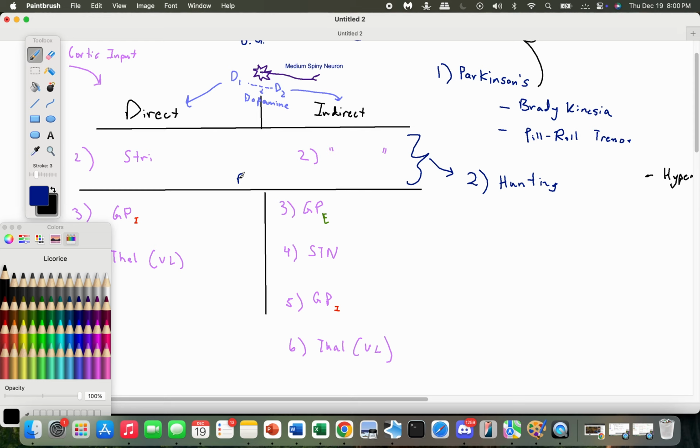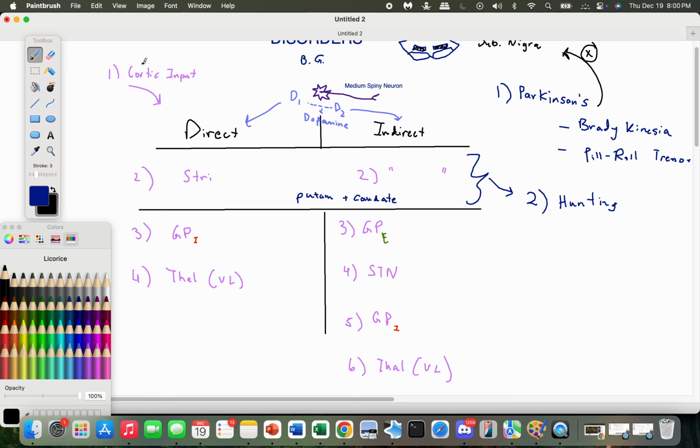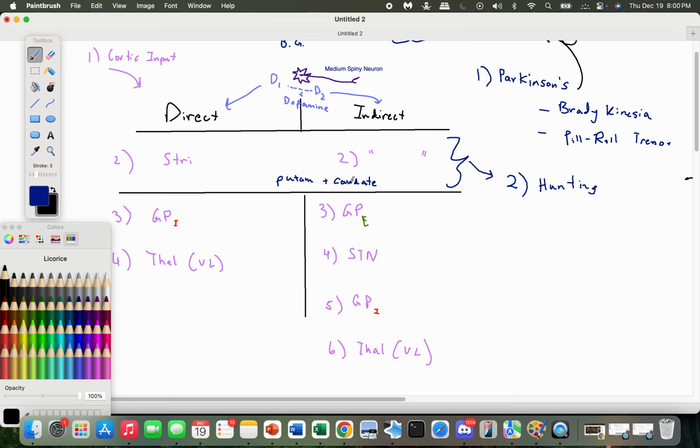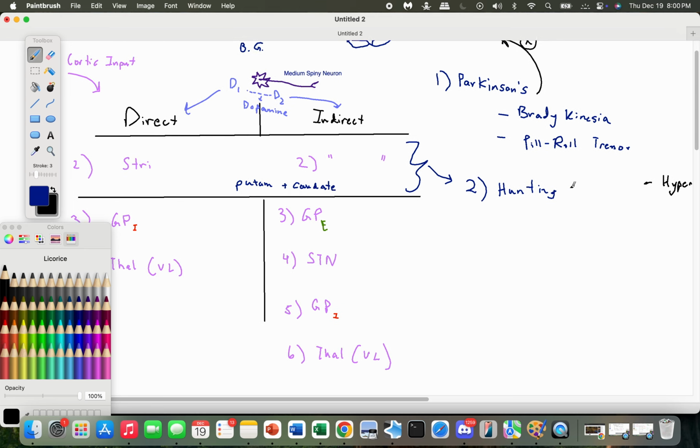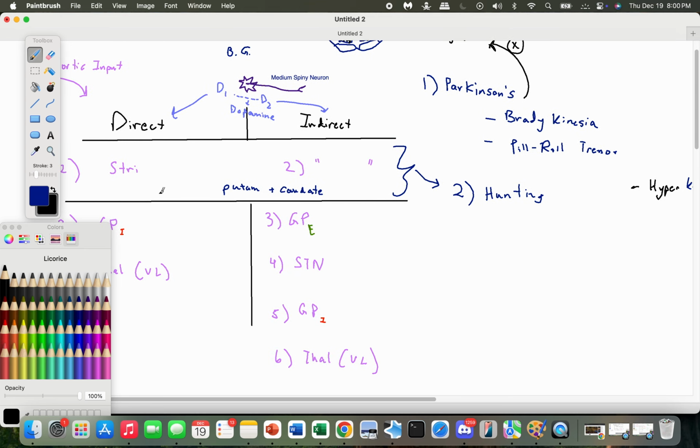Well, that's going to be our putamen plus our caudate. Because remember, this is where we insert the key into the ignition, and this is 1 and 2 before you push into 3 to even start the ignition of our engine. So Huntington's disease is a disorder that affects the striatum, or the putamen and the caudate.